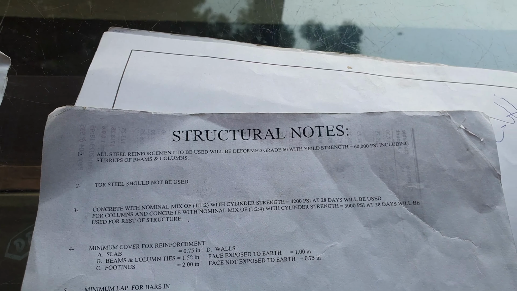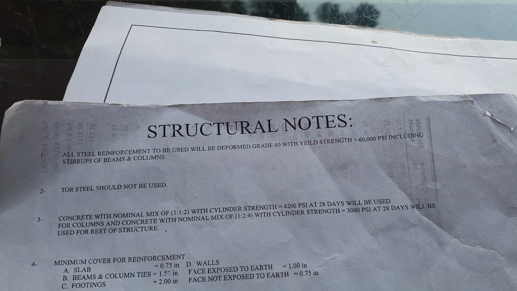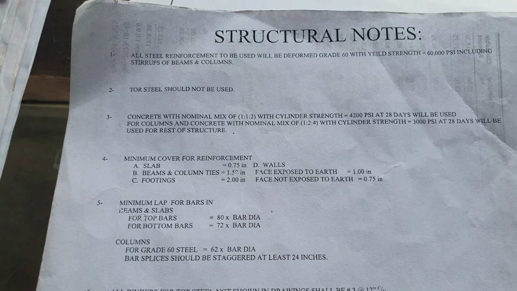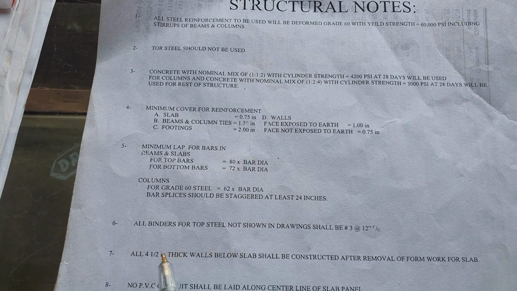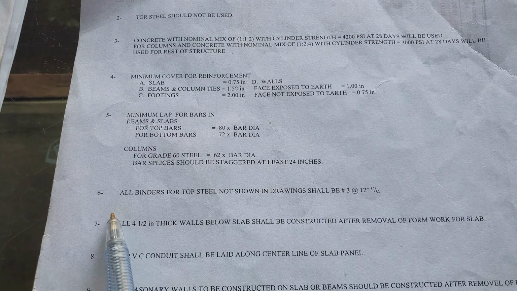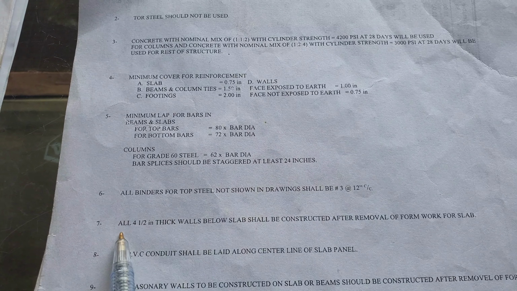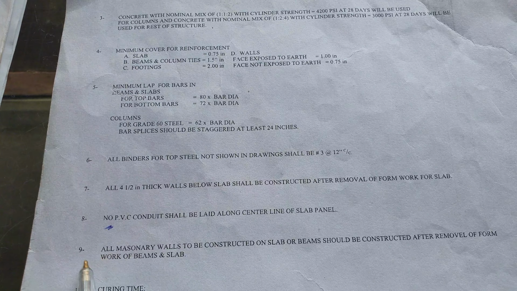That's it. And minimum cover for reinforcement, minimum lap for bars in beams and columns, these are just basic things. Everything is mentioned here. All binders for top steel not shown in drawing shall be this, this is fine. Okay, no PVC conduit shall be embedded. That point is very important.